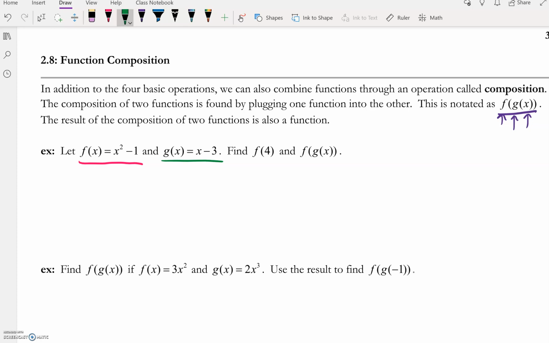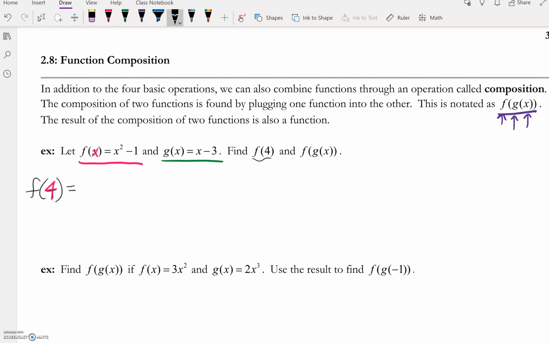Let's start by finding f of 4. Since it's an f, I'm looking at the pink function. What this is saying is that everywhere in our f function that you see an x, I need you to replace it with a 4.